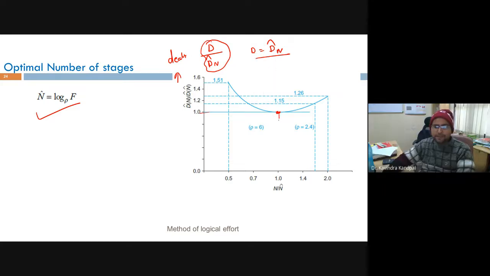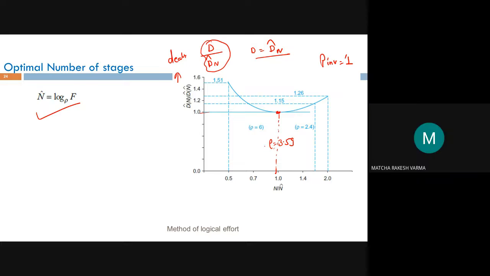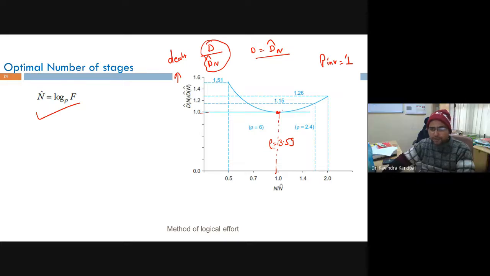It happens when rho is 3.59 numerically, if P inverter is 1. Correct? Yes, sir. So even if you roam towards here, this is rho equal to 2.4 and this is rho equal to 6 somewhere here.